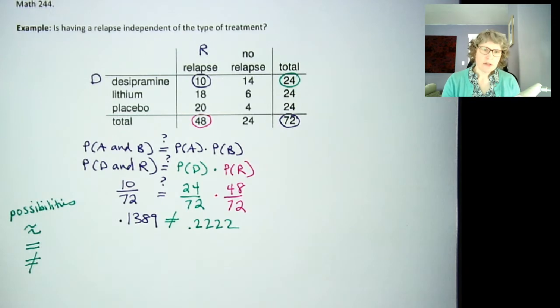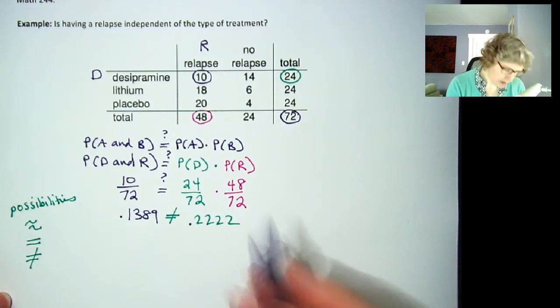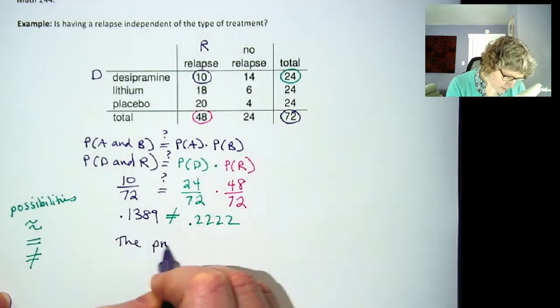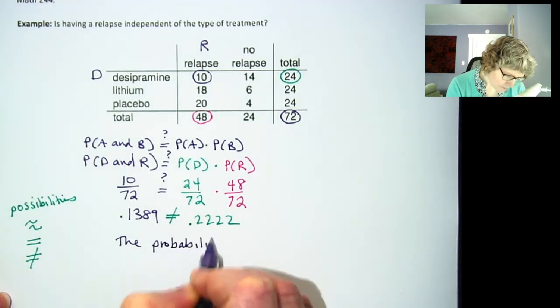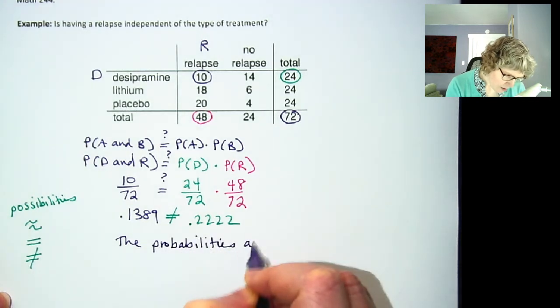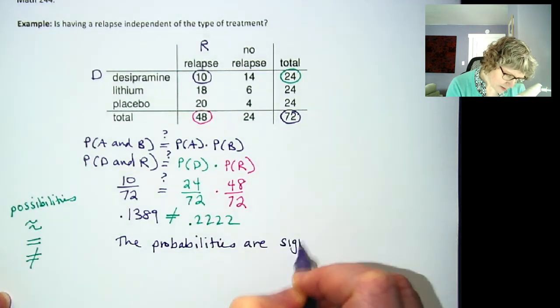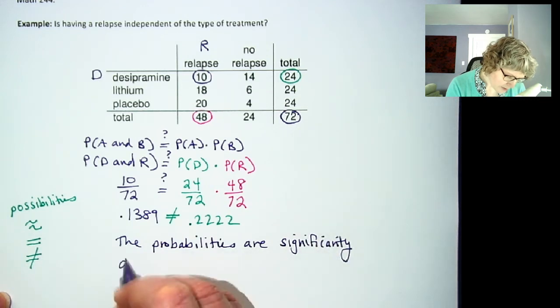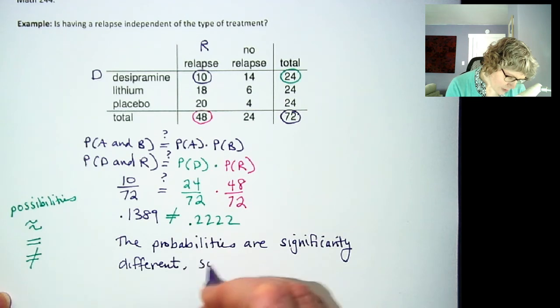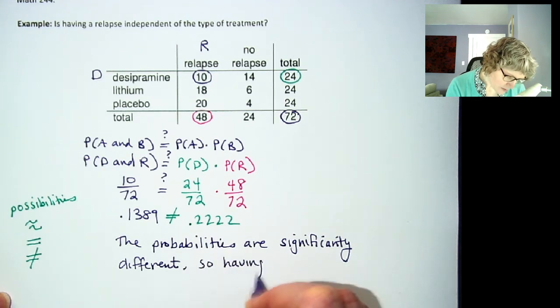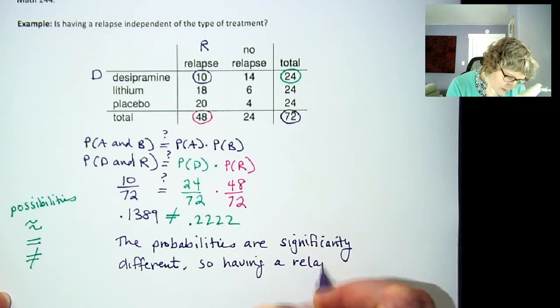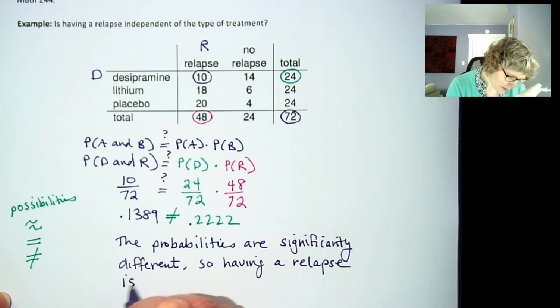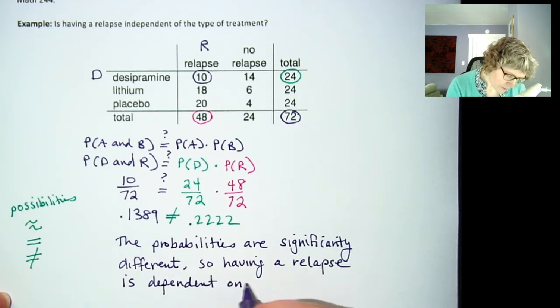Okay. So let's go ahead and write our conclusion out. The probabilities are significantly different. So having a relapse is dependent on the type of treatment.